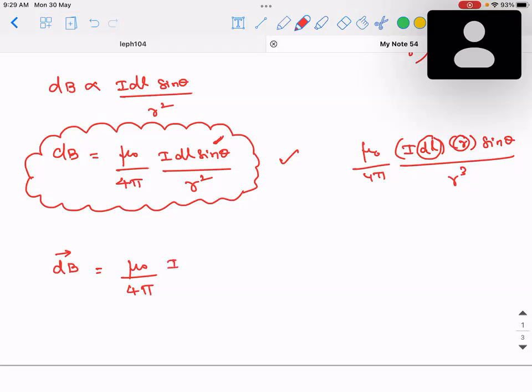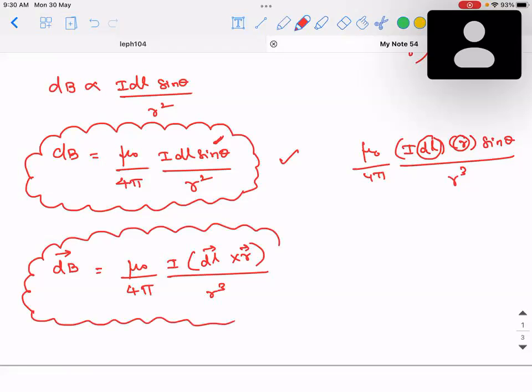So I'll tell you what it is. I is a scalar quantity, don't disturb it. Here, you should write it as dl vector cross r vector only. Why is it so? I'll give you a justification for it. Divided by r cube. This is another important expression. What I want you to observe here is, can you tell me the difference between the first expression and the second?